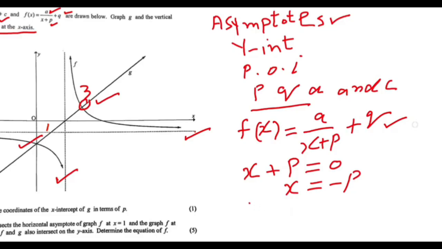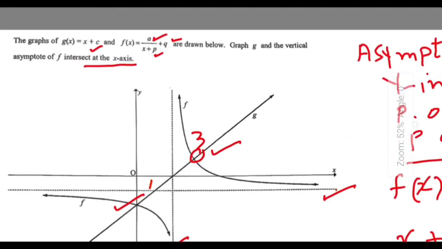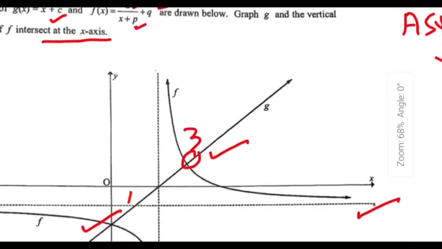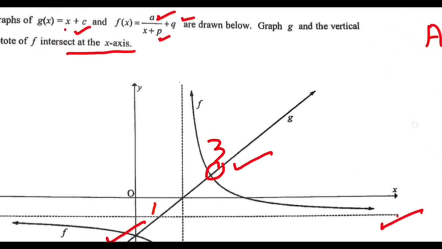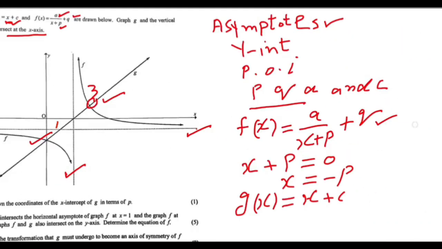So g of x we have is equal to x plus c. Remember, I told you I'm going to use the standard equation. We're going to solve algebraically. Now, to find the x-intercept, the y value must be equal to 0.